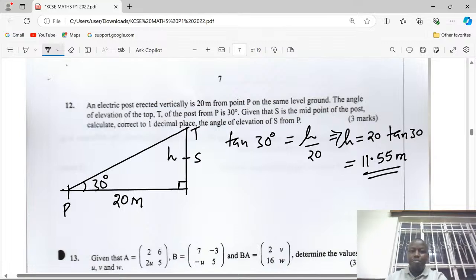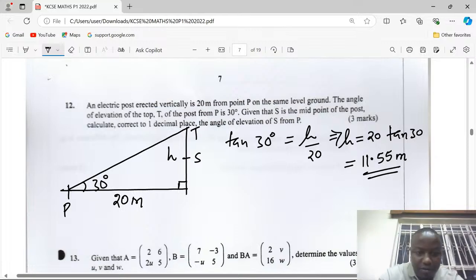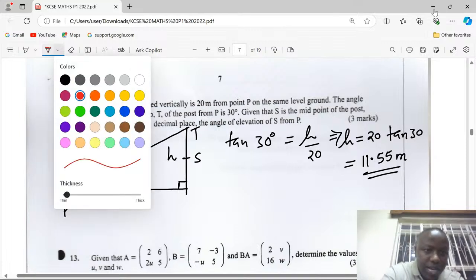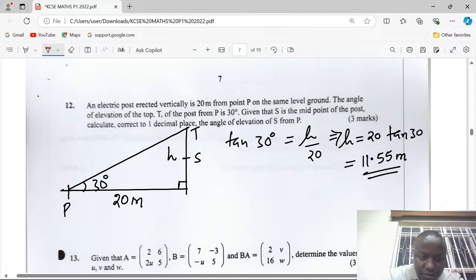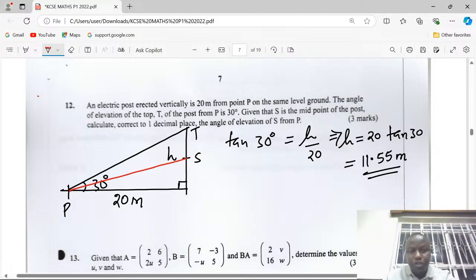Now from the question, we are determining to 1 decimal place the angle of elevation of S from P. S is the midpoint of the electric post, which means we can get the new angle here.